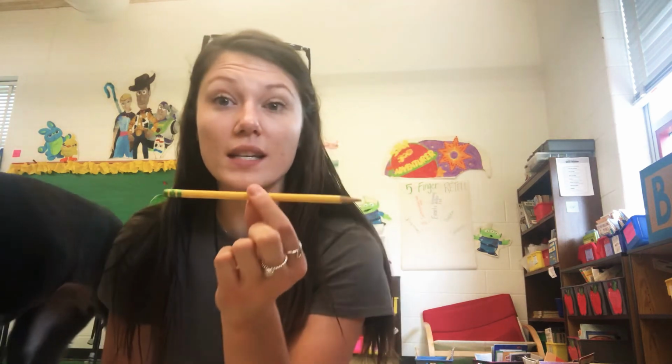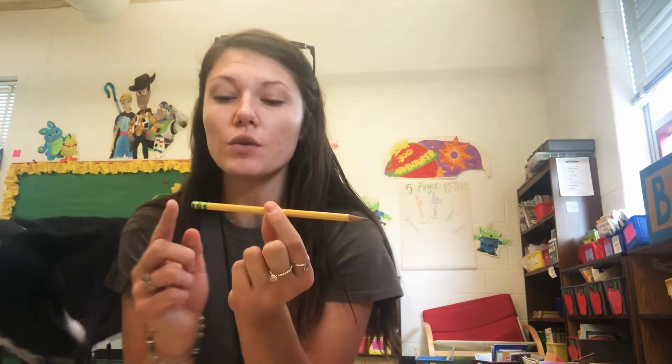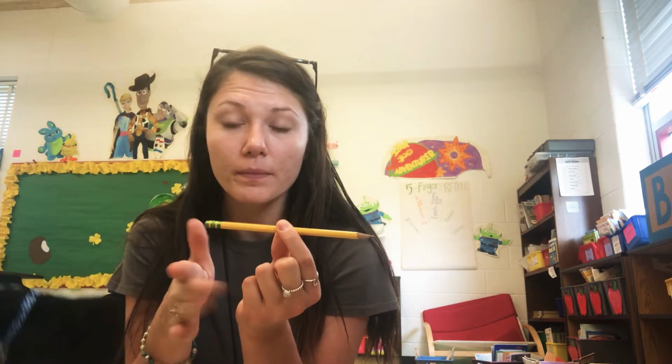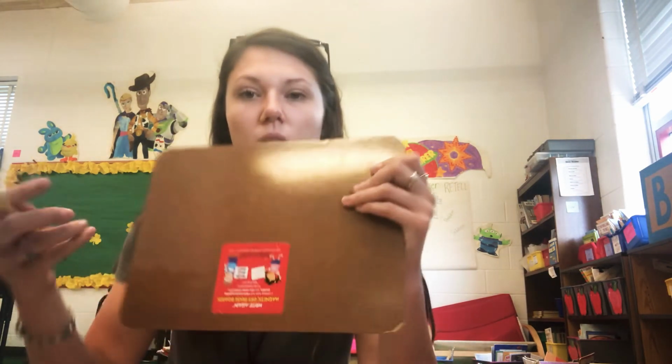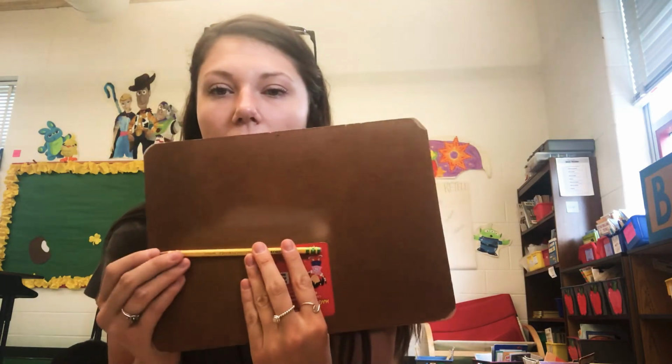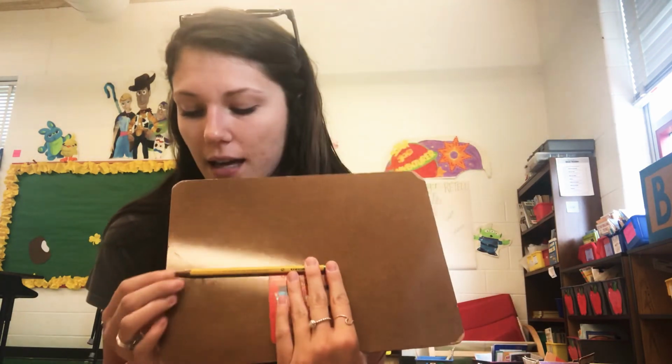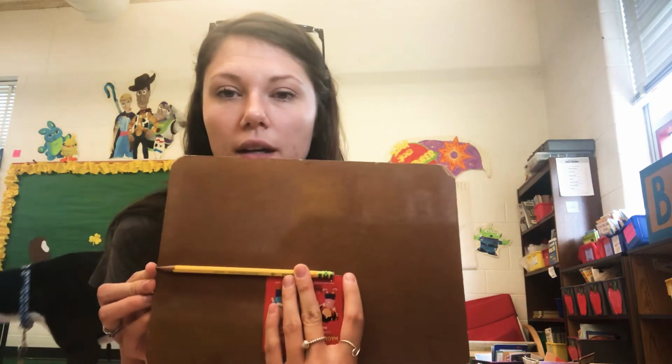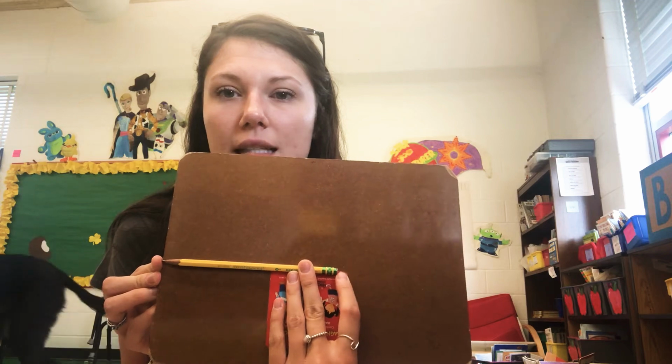Okay, so whatever you have in your house, I want you to measure using a pencil. So remember, if you use a pencil, you have to make sure that the edges line up. If you only have one, that's okay. Well, let's use the board for an example. If I only have one pencil and I want to know how long this is, I'm going to make sure that the edge of my pencil is at the edge of the board, and then I'm going to put my finger where it stops.